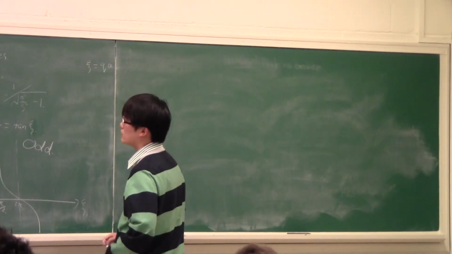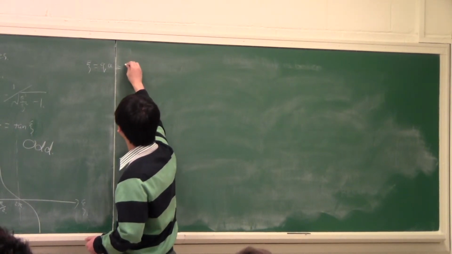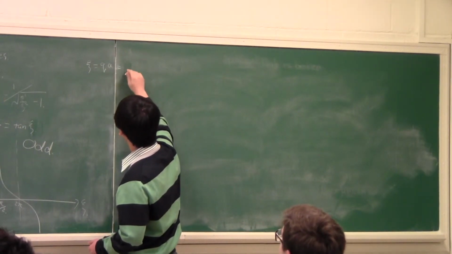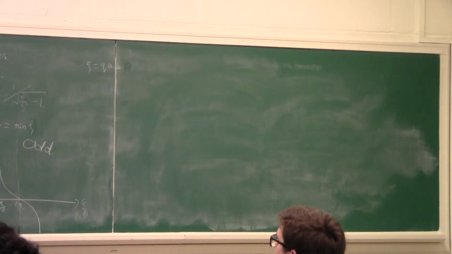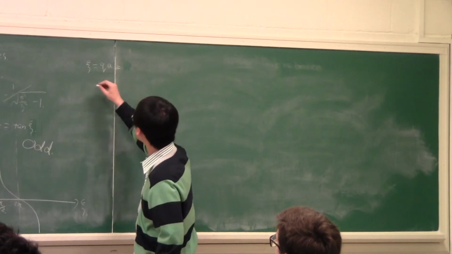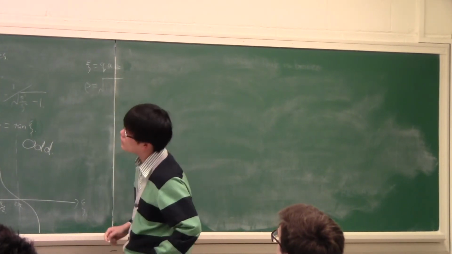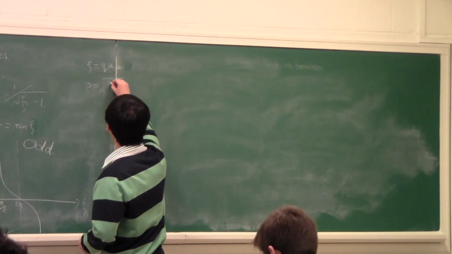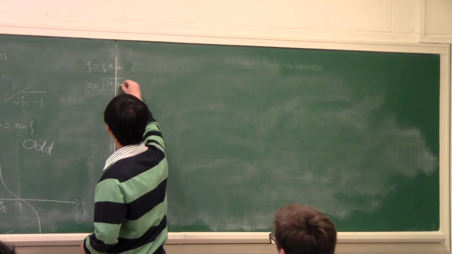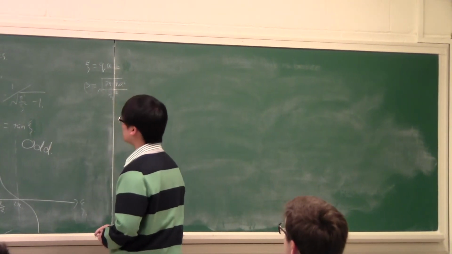By comparing C to a multiple of pi over 2, and then beta, which is equal to the square root of 2m V naught a squared over h-bar squared.